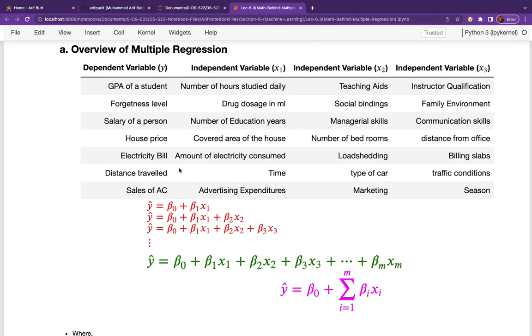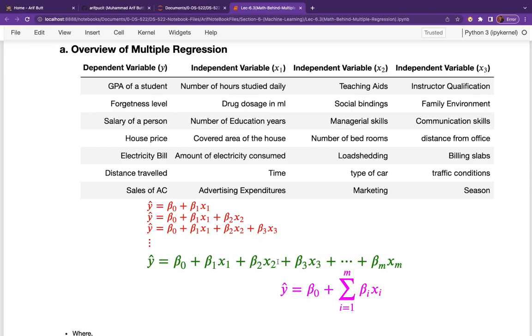My dear students, we can easily extend the simple linear equation to the multiple linear regression equation, and it can be generalized to this last equation shown in green over here, where y hat is the value of the dependent or response or the output variable. These x1, x2, x3, so on to xm are the values of m feature or predictor variables.